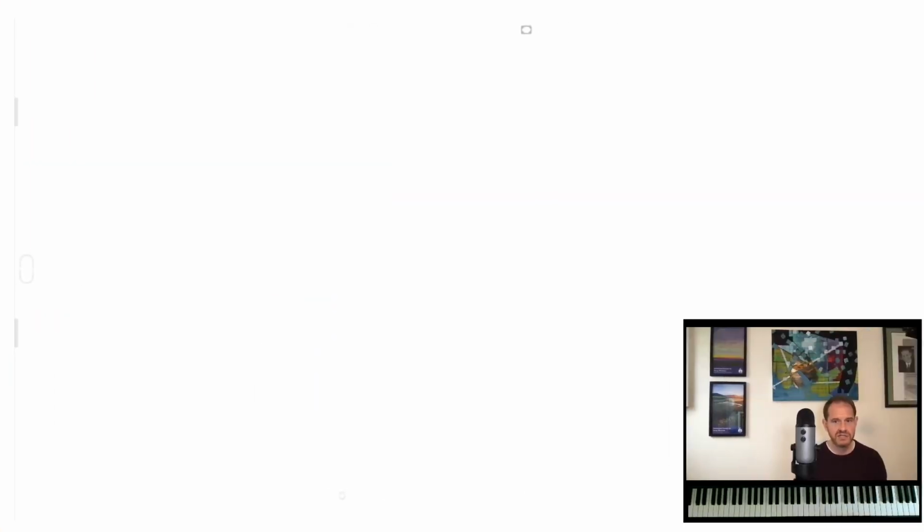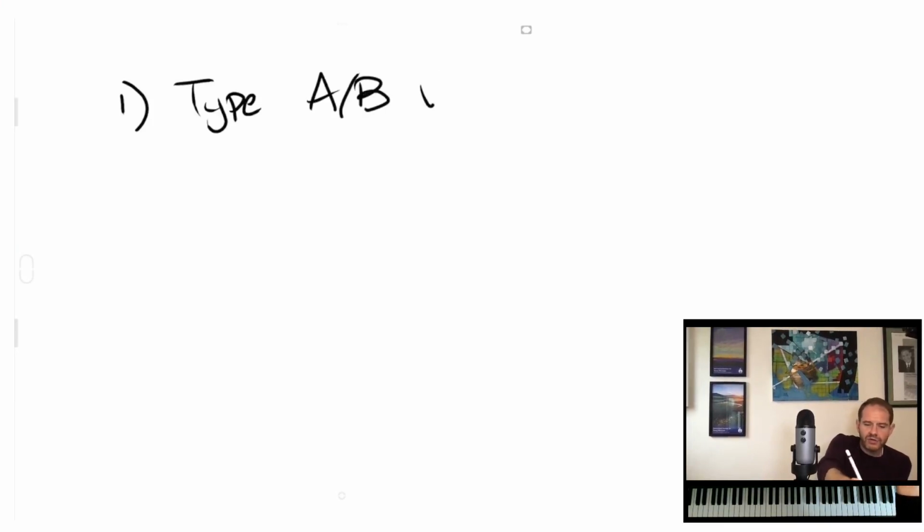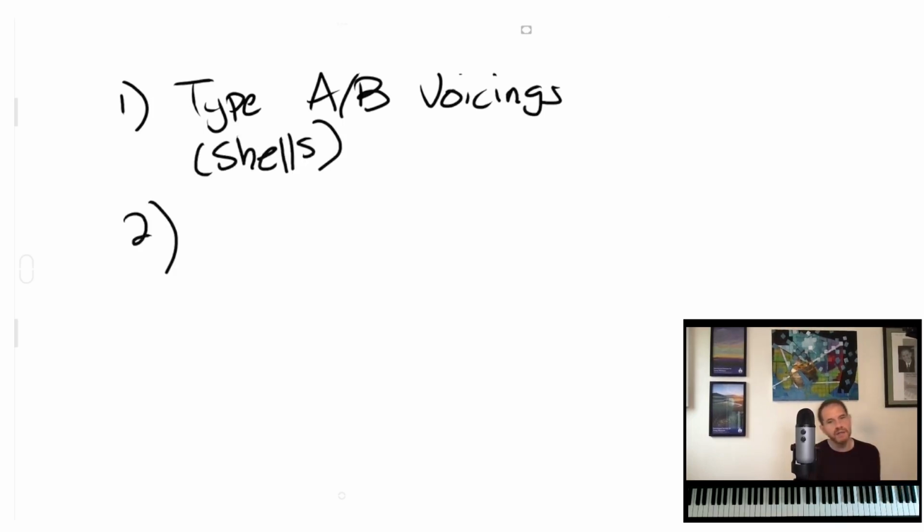And so my kind of 3 categories of jazz voicings that I think about, the first one are type A, B voicings. And these are kind of related to the concept of shells. And I'll talk a little bit about that. The second type I call thickened line voicings.